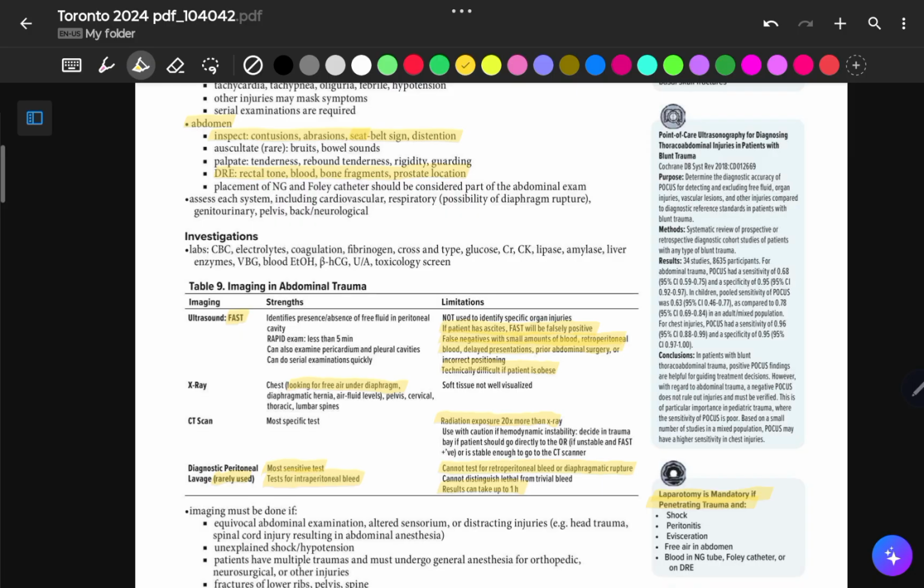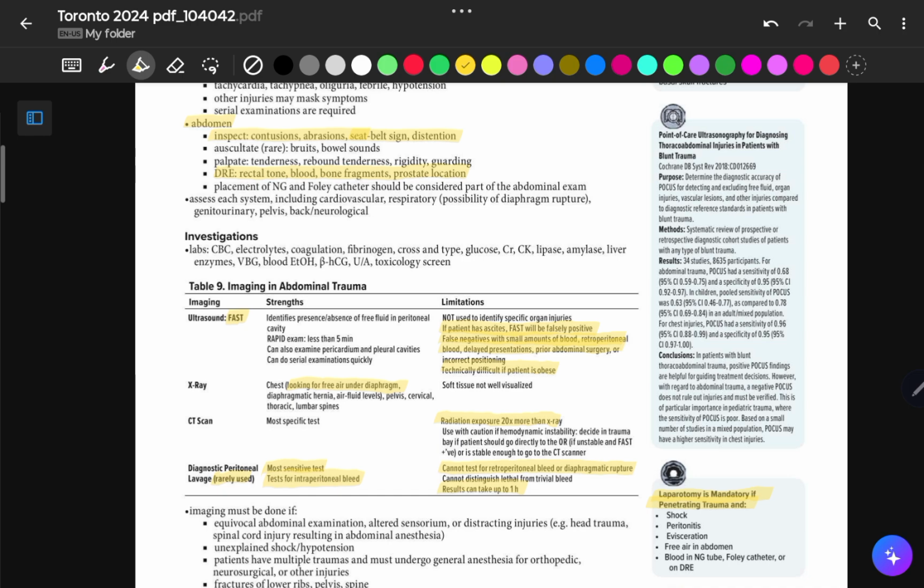For ultrasound you can use FAST, which is quick. FAST can help you identify the presence or absence of free fluid in the peritoneal cavity. Okay, and it's also rapid, and it can also examine your pericardium and pleural cavity. But the limitation is that FAST, which is the ultrasound, cannot be used to identify specific organ injuries.